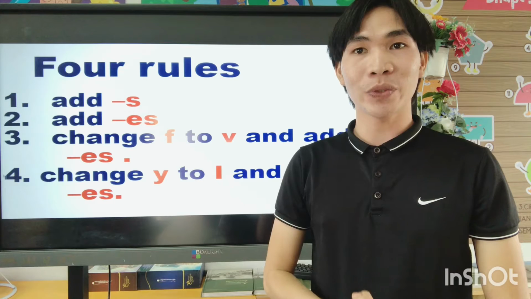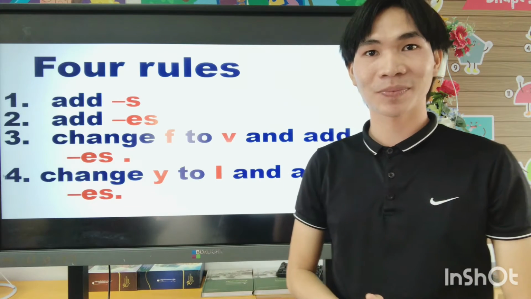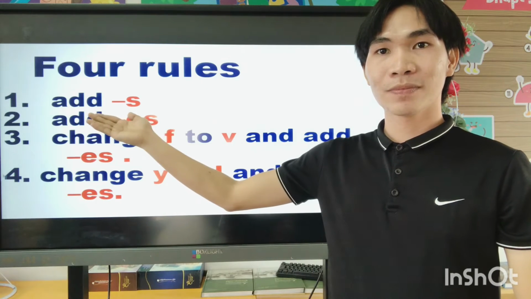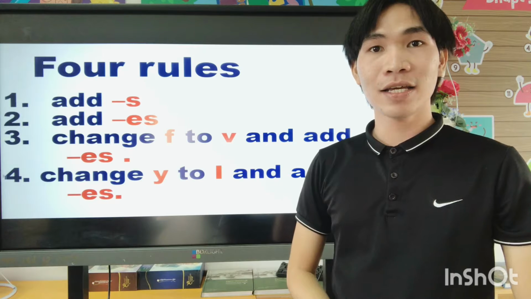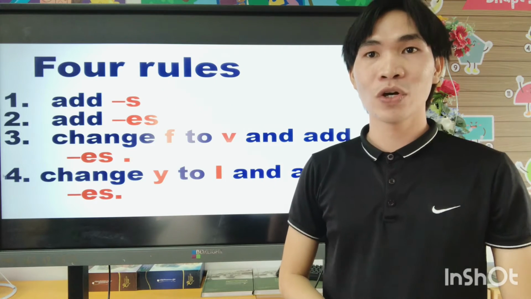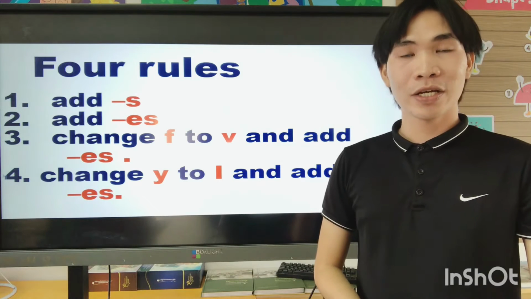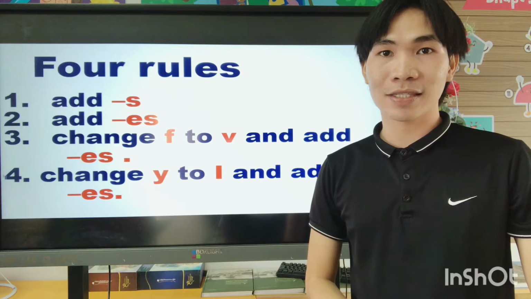The first rule is to add s. The second rule, add es. For the third rule, we have to change f to v and add es.